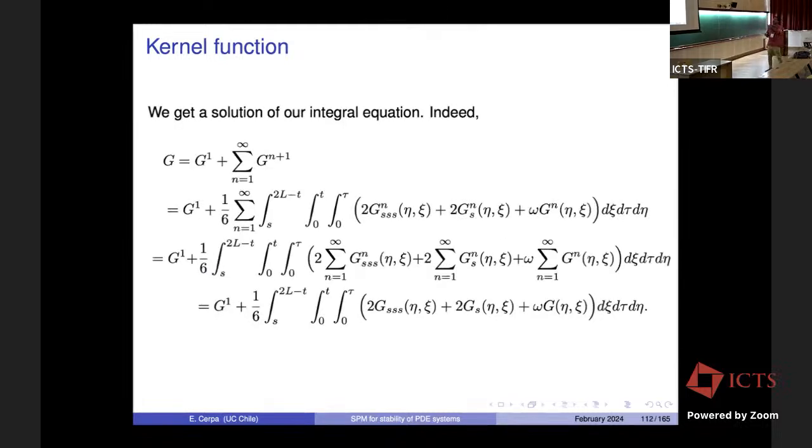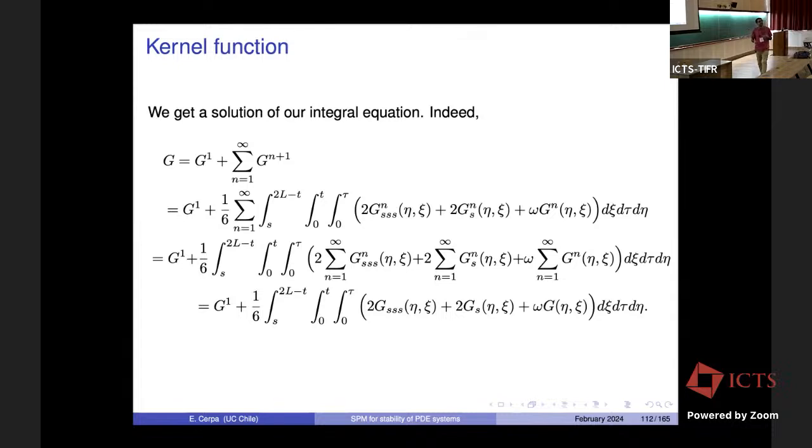That gives us a solution, because now we define G as the series of all of these G_n. In fact, you start from G_1, you consider G_1 plus G_{n+1}, which is the formula of all this n.